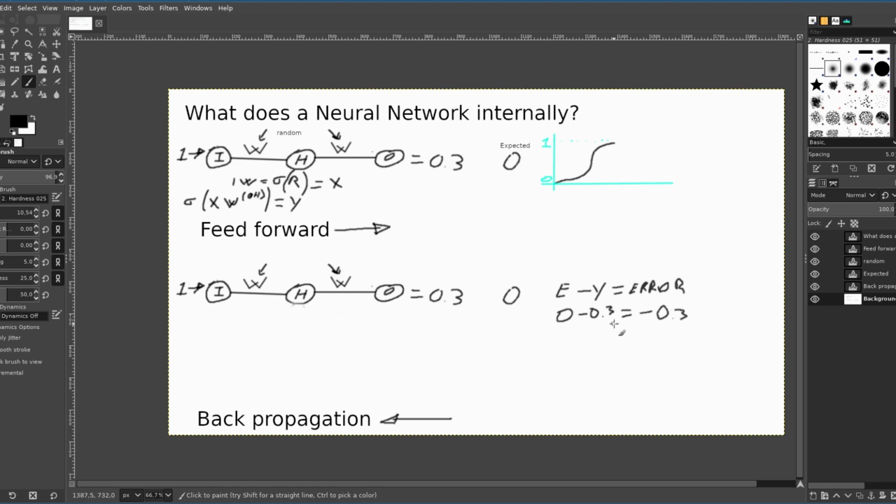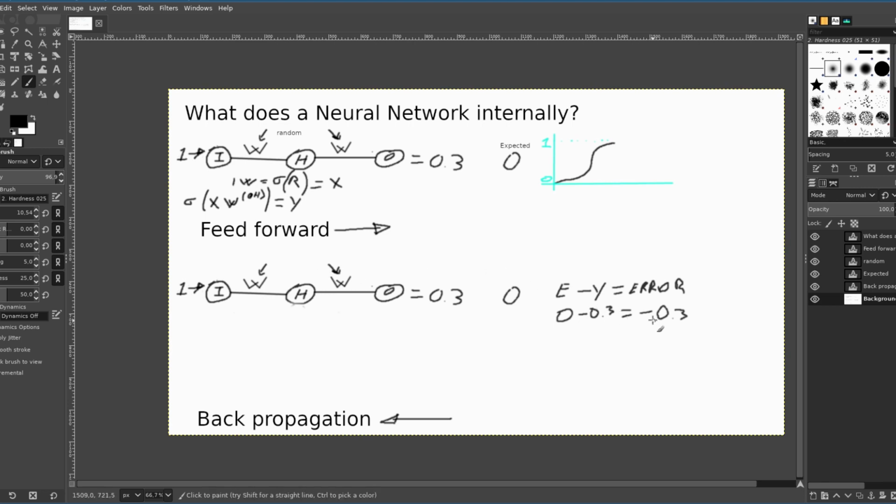Okay, now I have the error of this neural network, and I have to backpropagate this error so that the next iteration, when it's fed again the number 1, it gets me not 0.3 but something near to 0. And how can I do it?